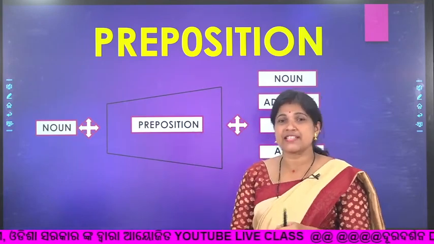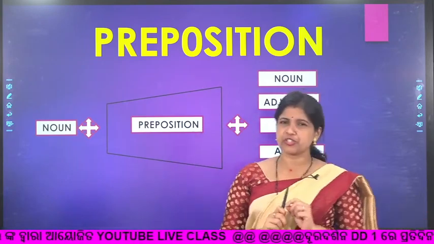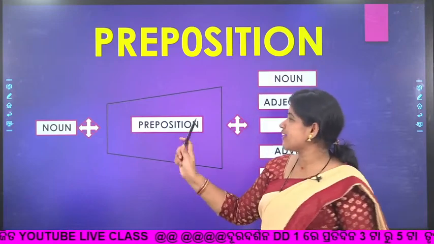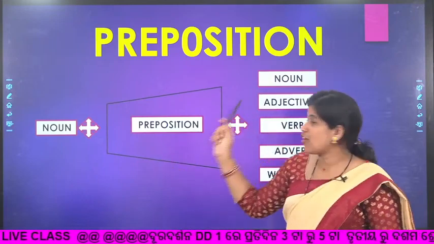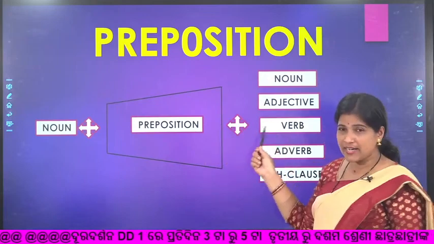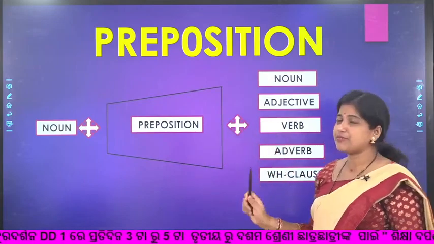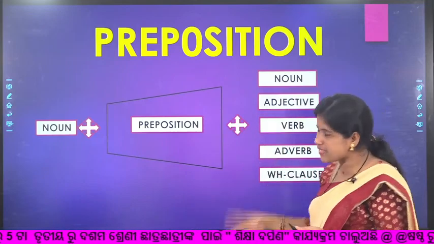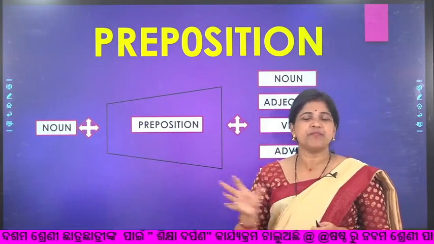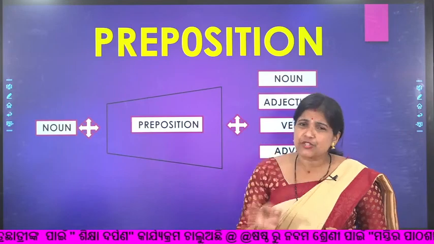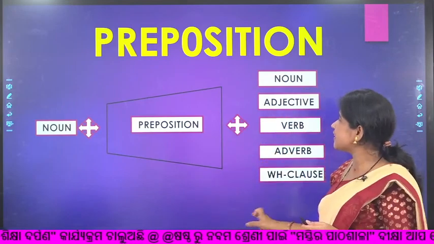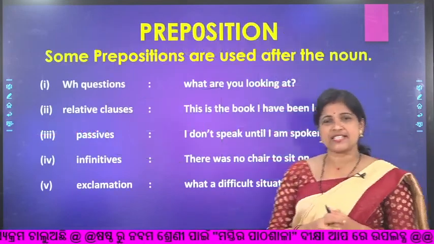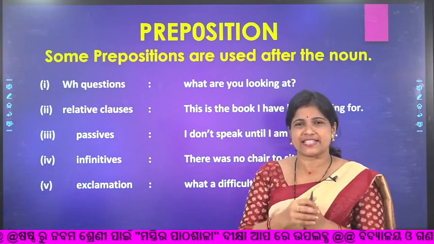So preposition says, oh listen, I am preposition and I join noun with another noun, or a noun or pronoun with an adjective or verb or adverb or WH word. In this way it works in every sentence, in every paragraph, every text. You will surely find this word in every sentence, or we can say in every text.